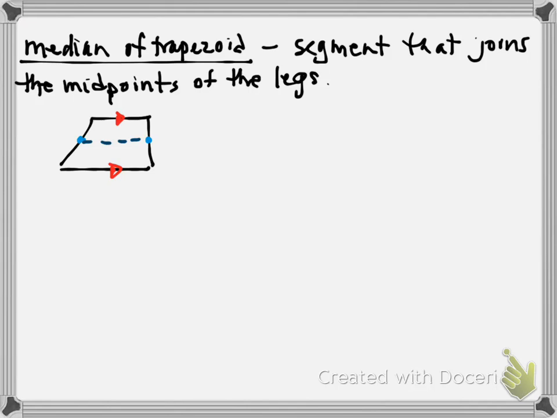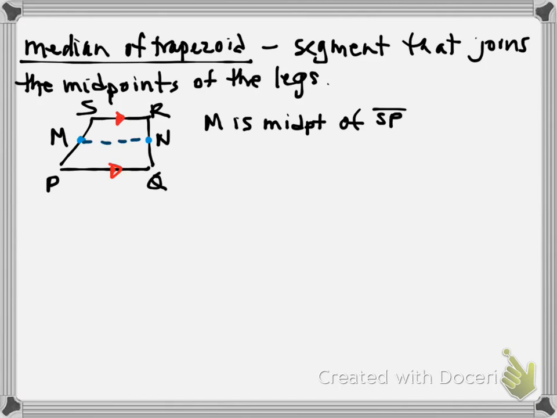We'll call this P, Q, R, S, M, and N. So we've got M is the midpoint of segment SP. N is the midpoint of segment RQ. We can add, therefore, those ideas.